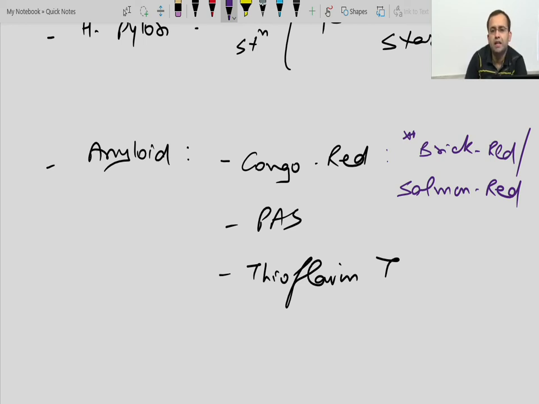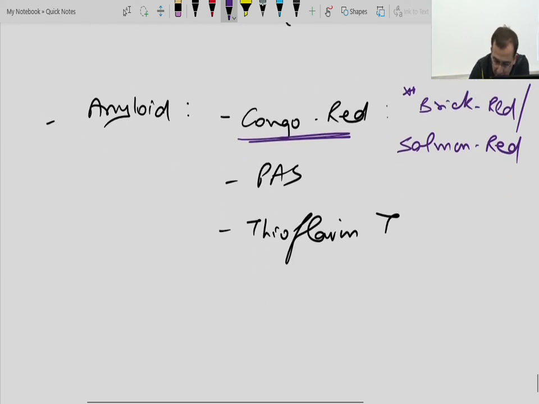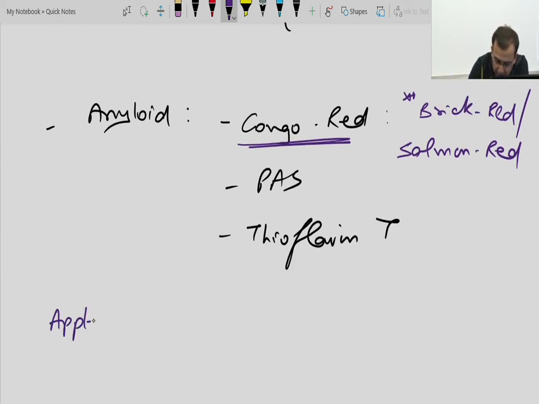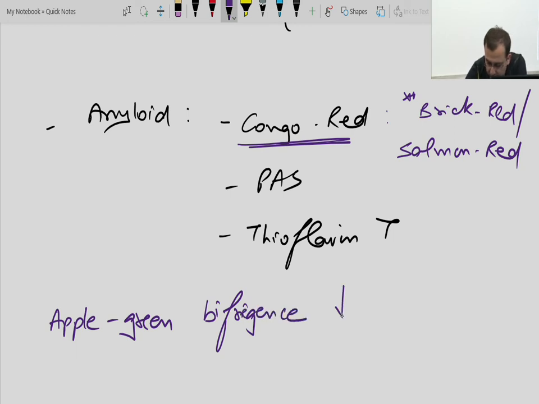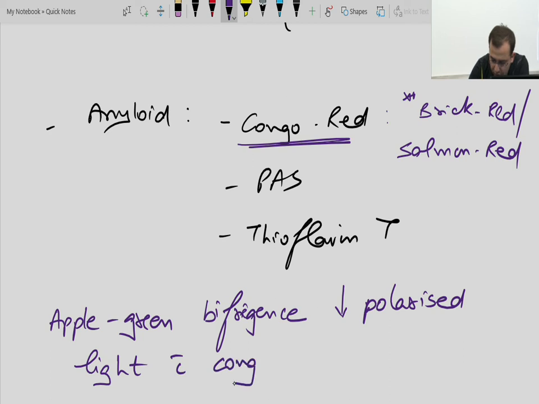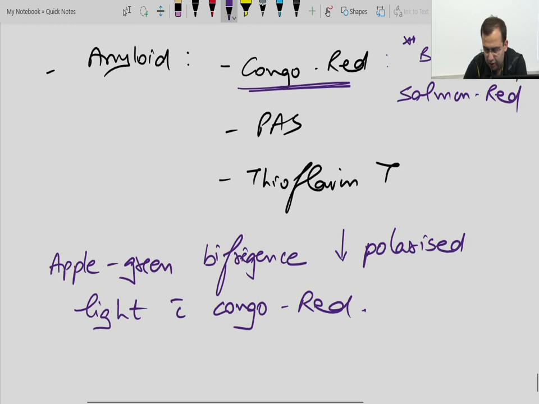Please don't mark it as apple green. The color of amyloid with Congo red is brick red or salmon red. Apple green is the birefringence under polarized light with Congo red.